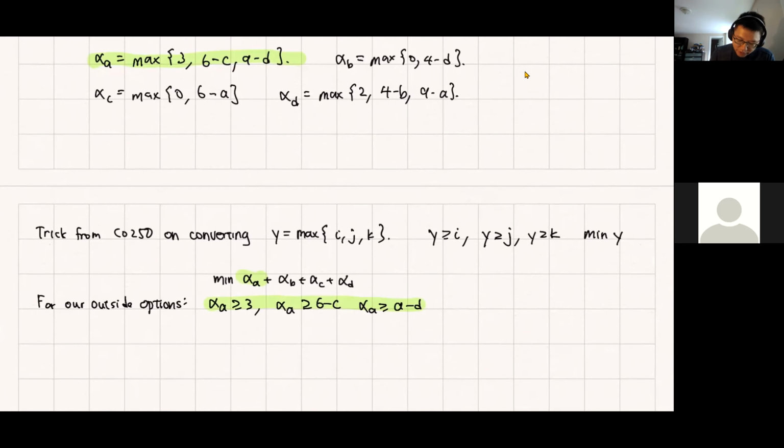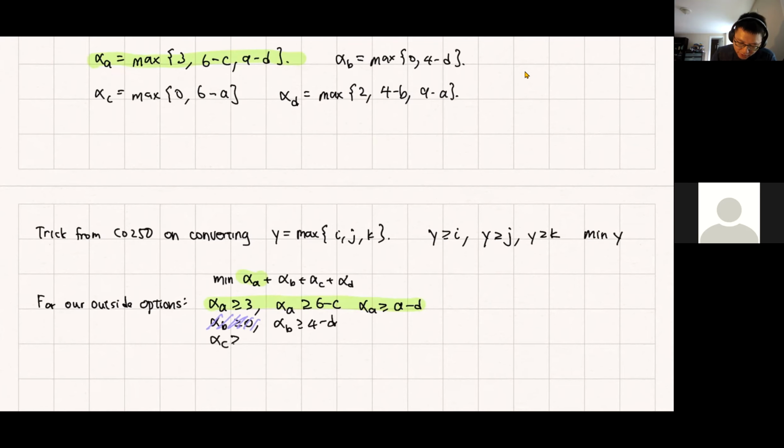We can do the same thing for the other three. Alpha B is at least 0, and alpha B is at least 4 minus D. The first one gets ignored because we will always have non-negativity for our variables.